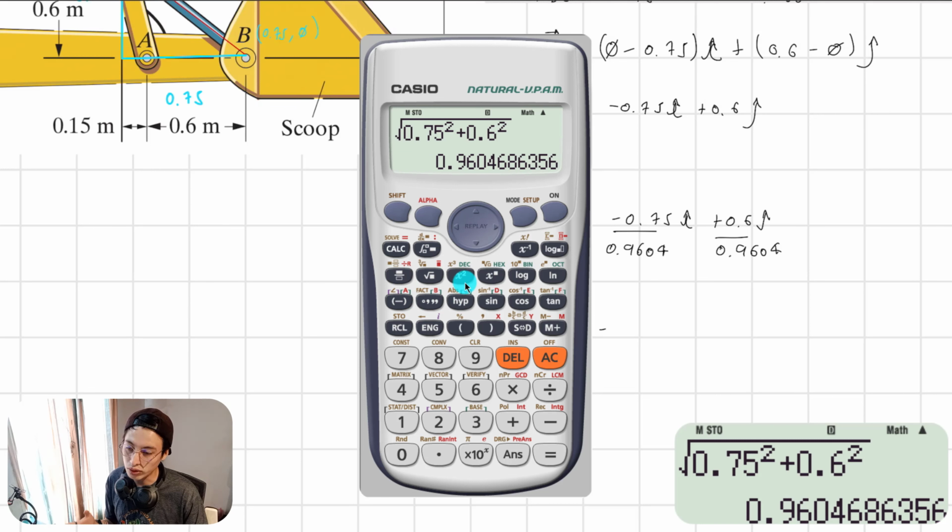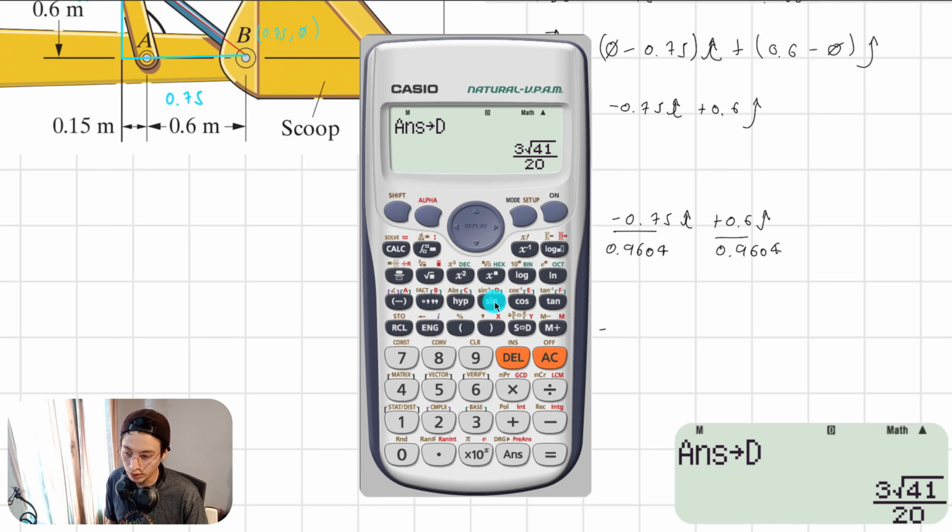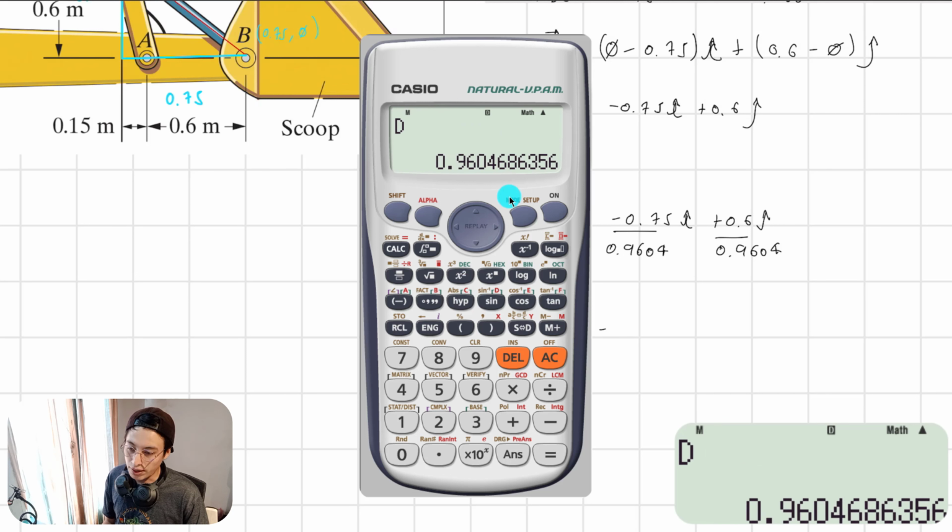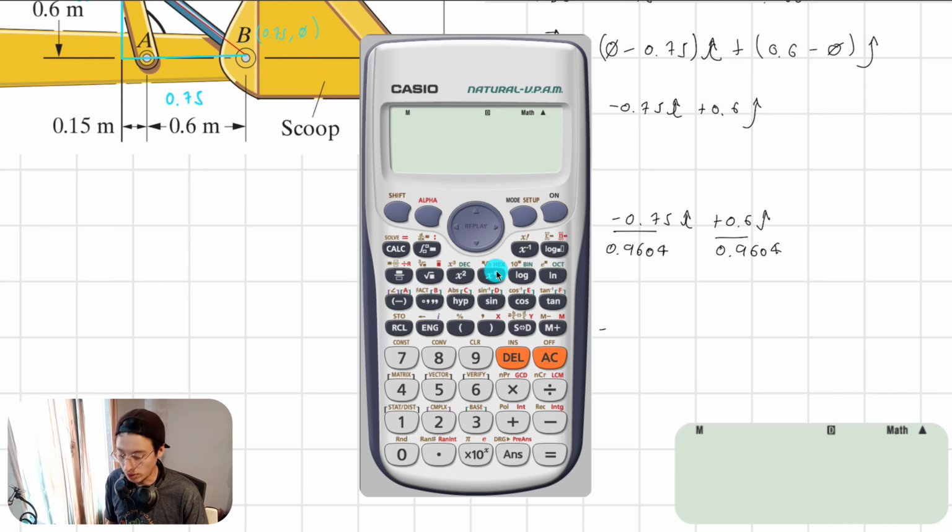For example, I want to save it within the D storage, the E or the F, whatever. For example, D. Now, when I look for D, I'm going to have the answer, right? That is pretty simple for us to use as many decimal numbers after the point as possible.